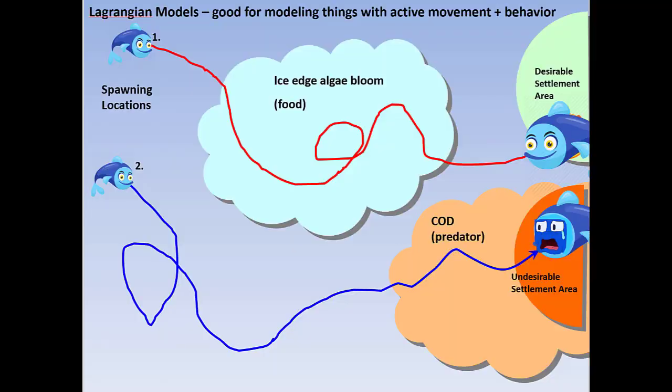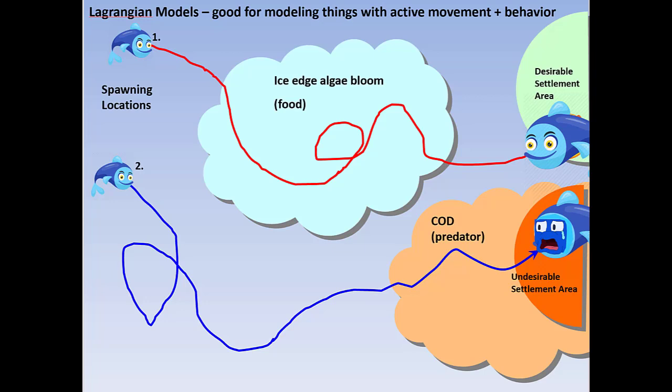Some of these individuals may be deemed successful in that they start from their spawning location, maybe move through an area that has a lot of food, for example an ice edge algal bloom, so they get lots of food to eat, and then they end up in a settlement area that has the right kind of habitat for them. Whereas another individual may move from its spawning area, and due to advection, it might entirely miss the ice algae bloom.